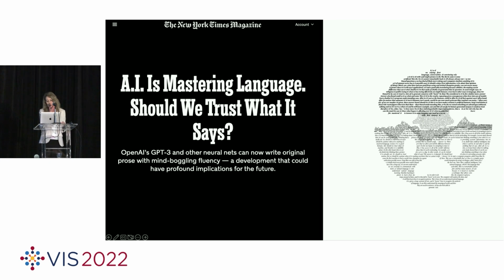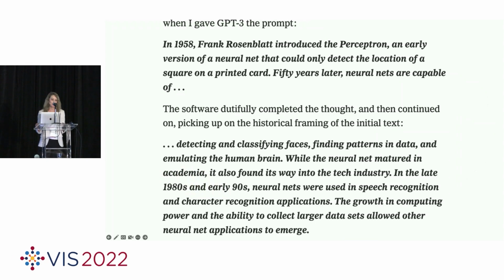There was a really excellent article about it in the New York Times Magazine some months ago, where the author got to try it out and had this pretty impressive example where he put in this prompt. In 1958, Frank Rosenblatt introduced the perceptron, an early version of a neural net that could only detect the location of a square on a printed card. 50 years later, neural nets are capable of... So he gives this to the software, and it finishes the statement.